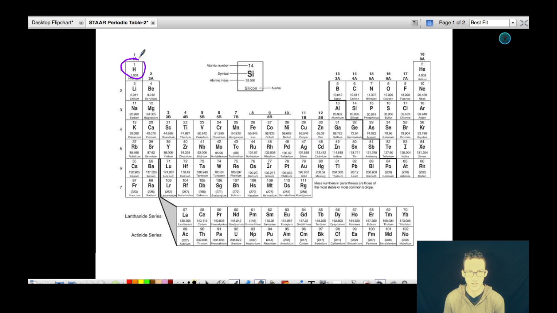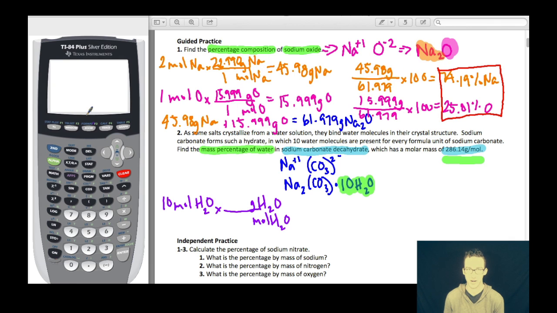I find hydrogen, I find oxygen. I recognize here that I need 2 of these hydrogens and 1 oxygen because it's H2O. Easy enough, right? So let's put that into our nifty calculator.